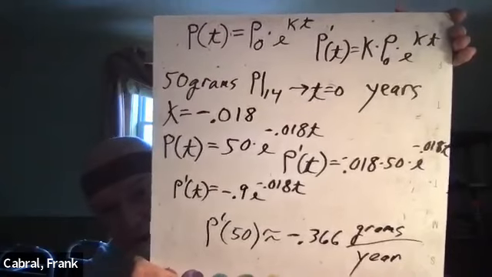Now, again, one thing we haven't done here is determine something called the half-life. And I don't have a lot of room on here, but I'll give you the half-life formula anyway. So we're going to erase some of this. That is, I'm going to erase the P prime of 50, which is already recorded here. All right, so let's calculate the half-life of this substance.